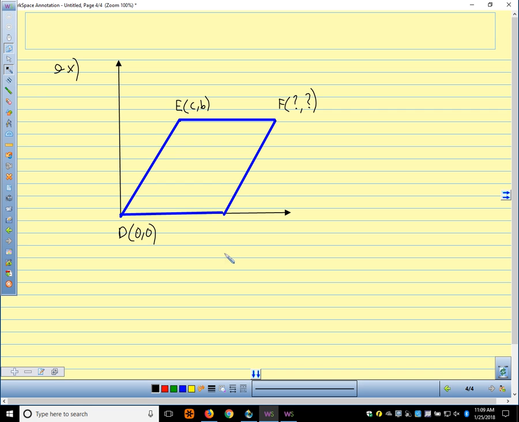And we'll call this G. And it is at A, 0. And we're going to say DEFG is a parallelogram. And we want to find the missing coordinate. Again, we're saying how far up, how far over, how far up or down? G is at A, 0.